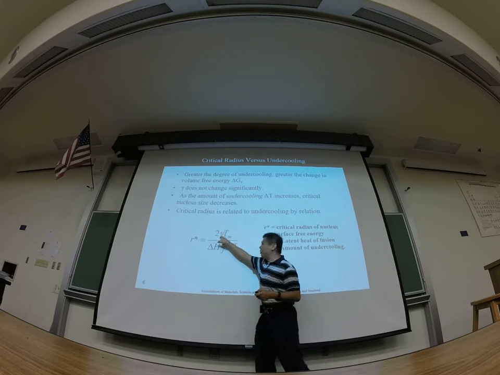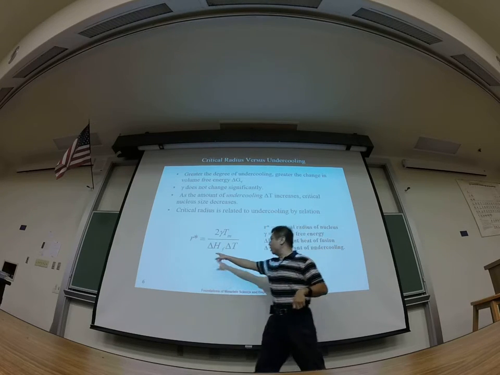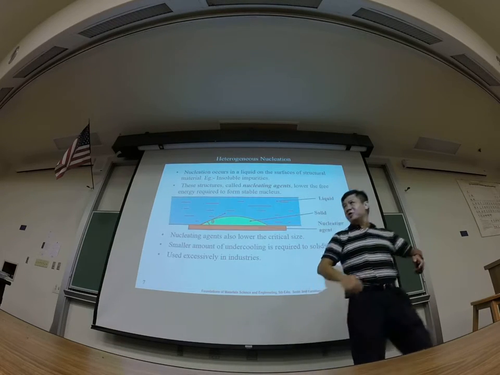Similarly for the melting temperature: when the metal is harder to melt, that means you also need a larger critical size, right?